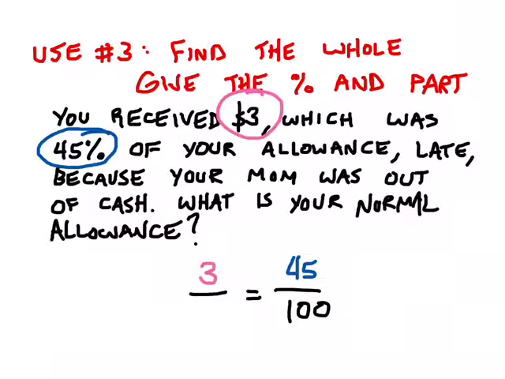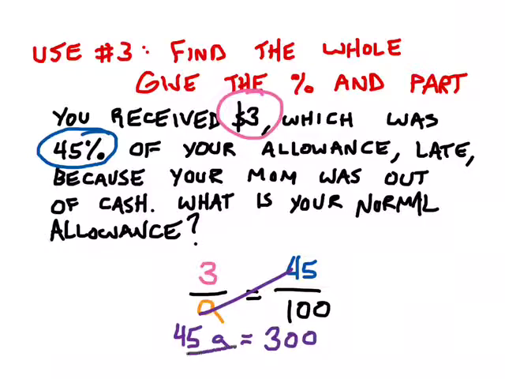I don't know what my normal allowance would have been, so I'm going to put an A for allowance down here at the bottom of my fraction. Now again, I'm just going to need to cross multiply and solve for A. So A times 45 is 45 A's, and that's equal to 3 times 100, so 300.